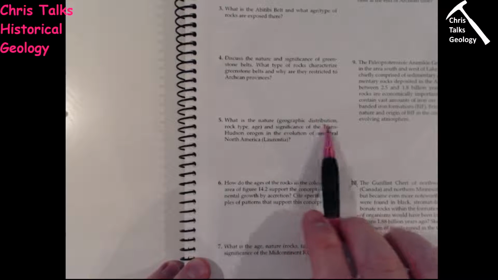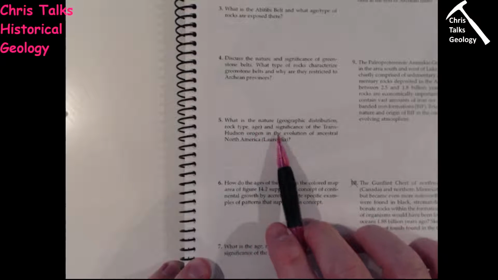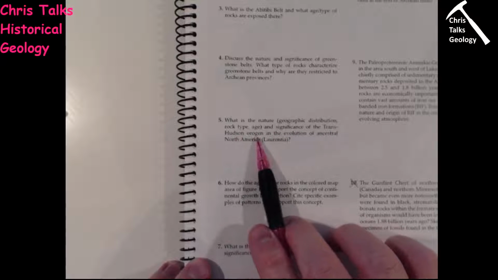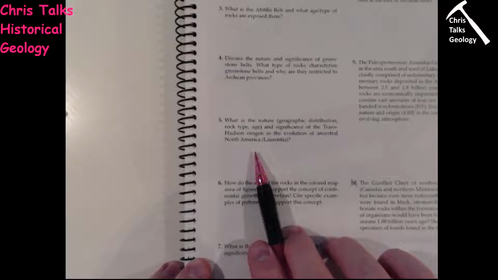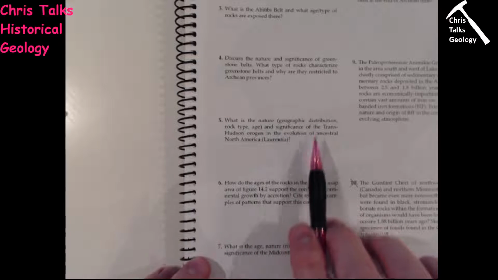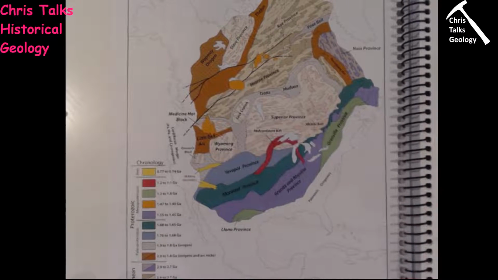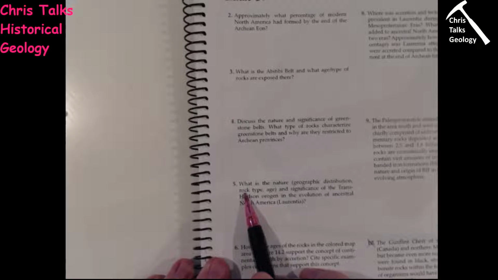Question 5. What is the nature, so geographic distribution, rock type and age, and significance of the trans-Hudson orogeny in the evolution of ancestral North America? Okay, so what's the geographic distribution? Look at the diagram and tell me. What's the rock type?